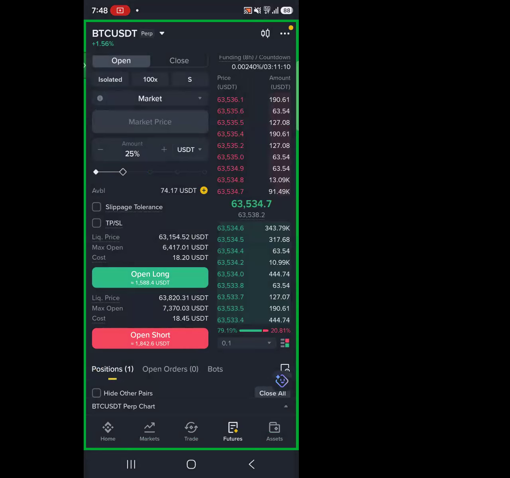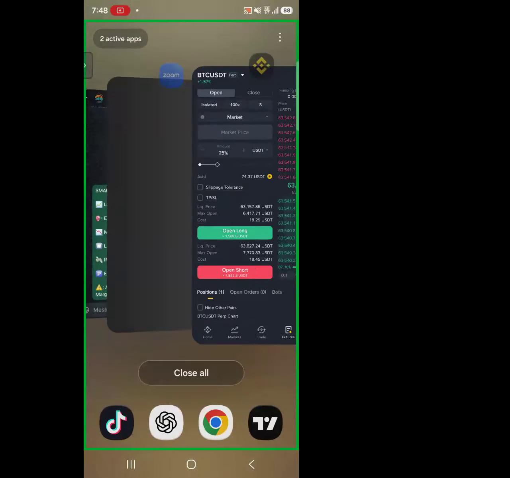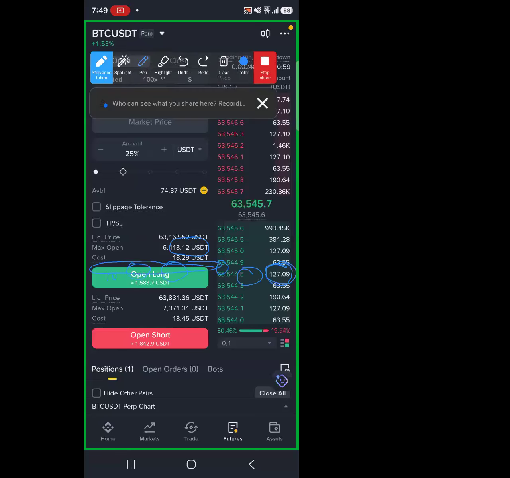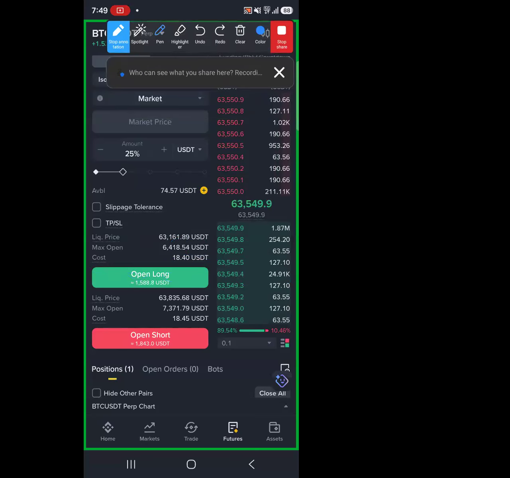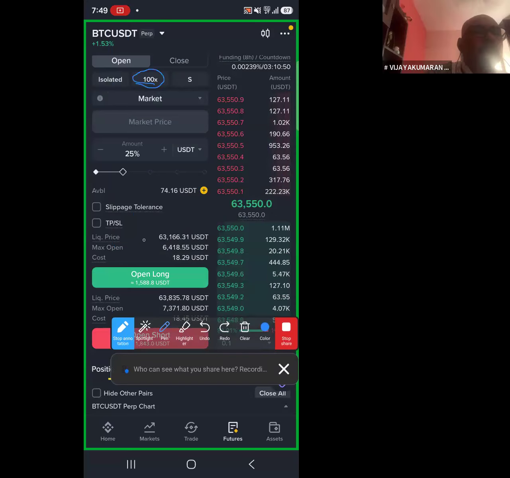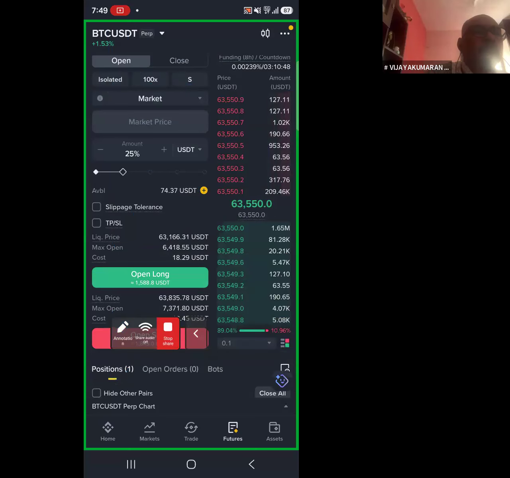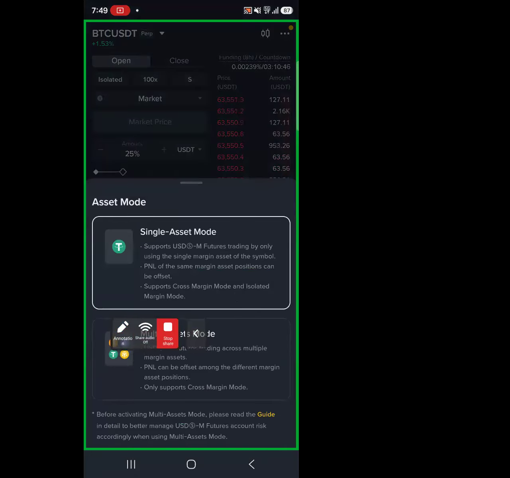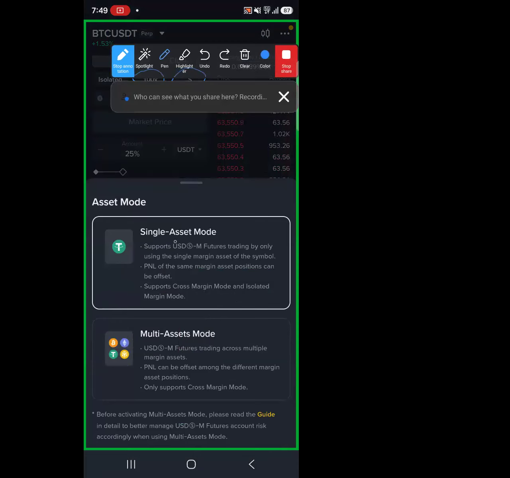So when you've selected your leverage, now there is this one here. There's this S. When you tap on it, see the instruction? Single asset mode. Then there's multi asset mode.